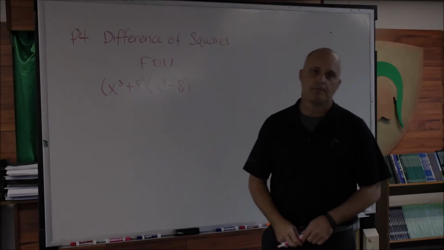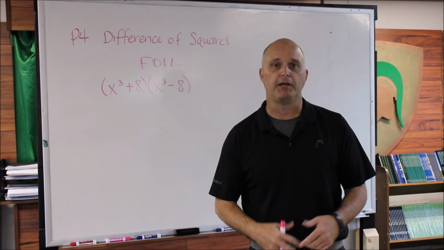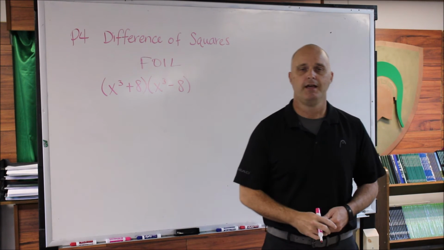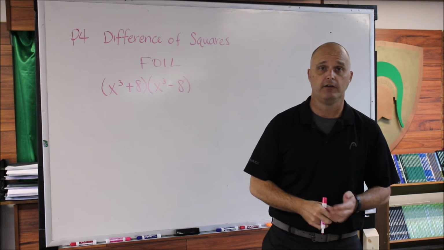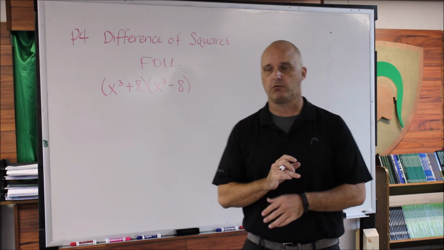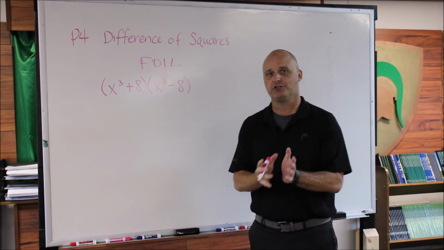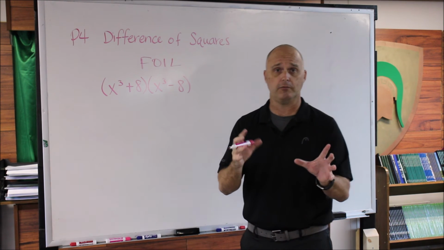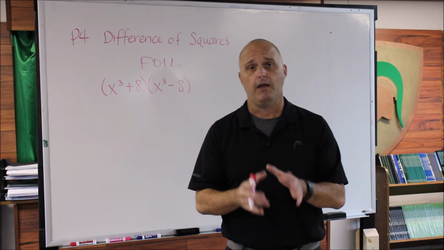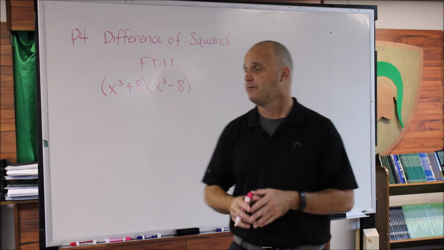Problem number 4 is our second special case for multiplication. And what it's going to do is lead us to something we call difference of squares. The reason why it's called difference of squares is because your solution is going to have both terms be perfect squares, and they're going to be subtracting from each other.